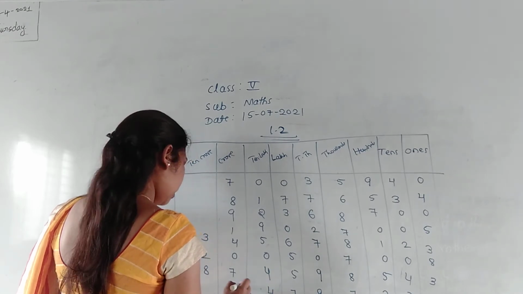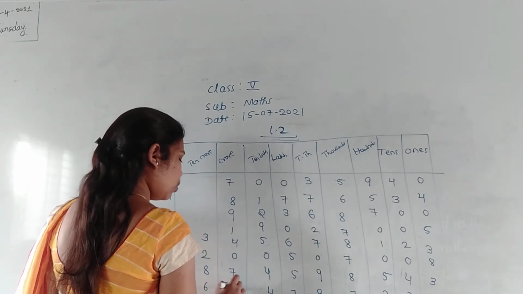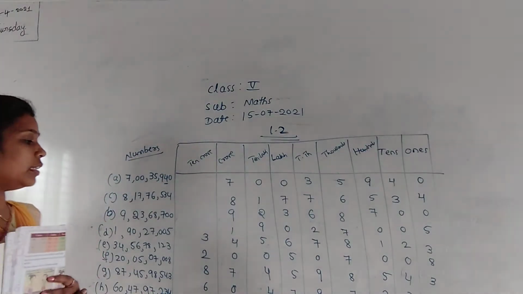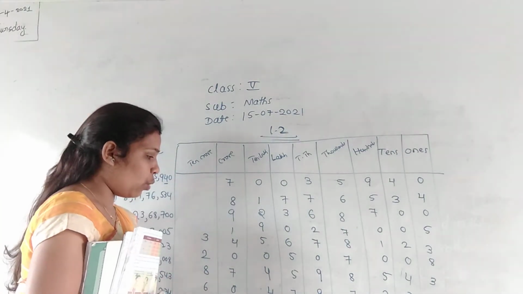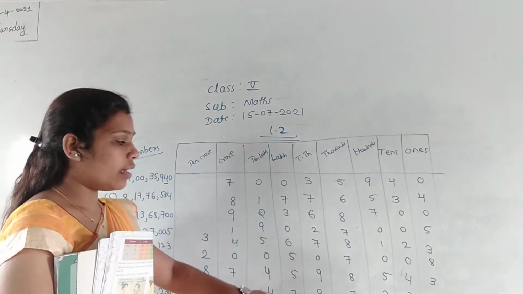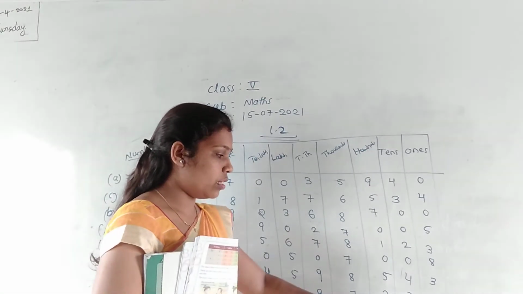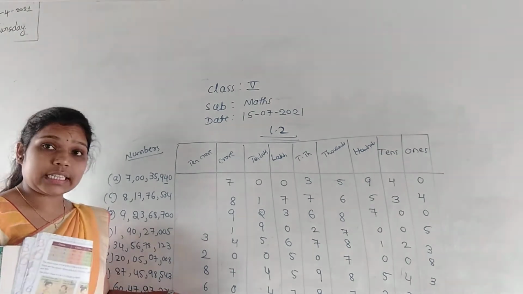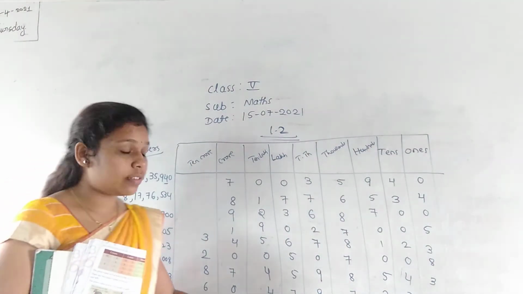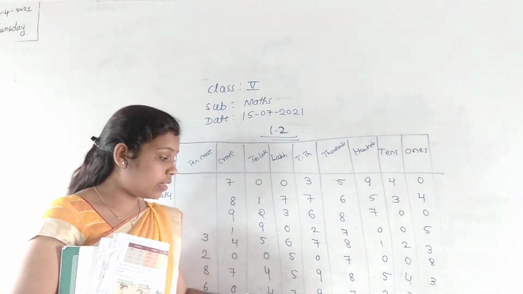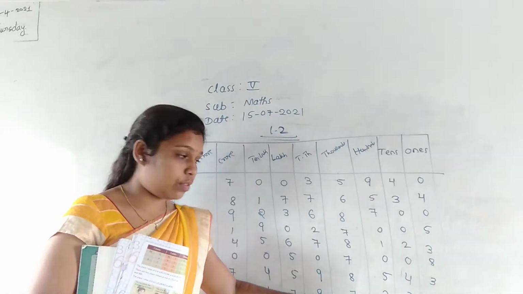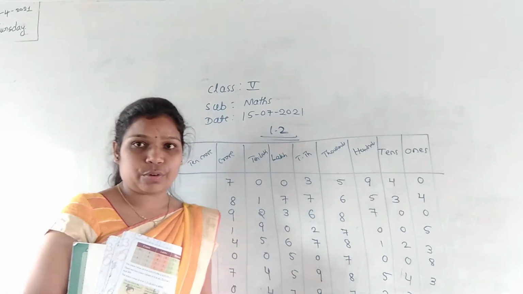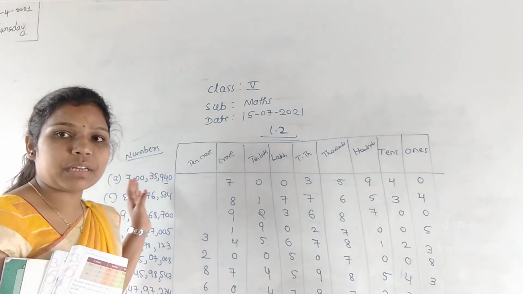Next 4, 0, 6. So how to read this number here? This will be 60 crore 47 lakh 97,234. Getting everyone? 60 crore 47 lakh 97,234.